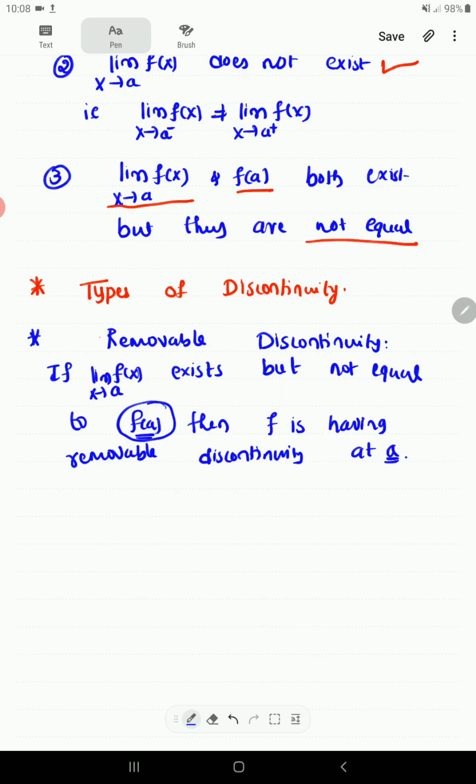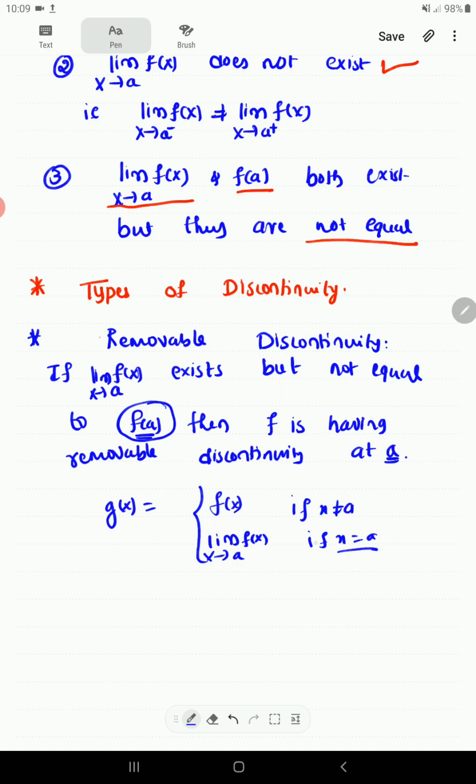This type of discontinuity can be removed by defining a new function, say g of x, equal to f of x if x is not equal to a, and equal to the limit of f of x as x tends to a, if x equals a. Whatever value it takes as x tends to a, that will be the value at x equal to a.